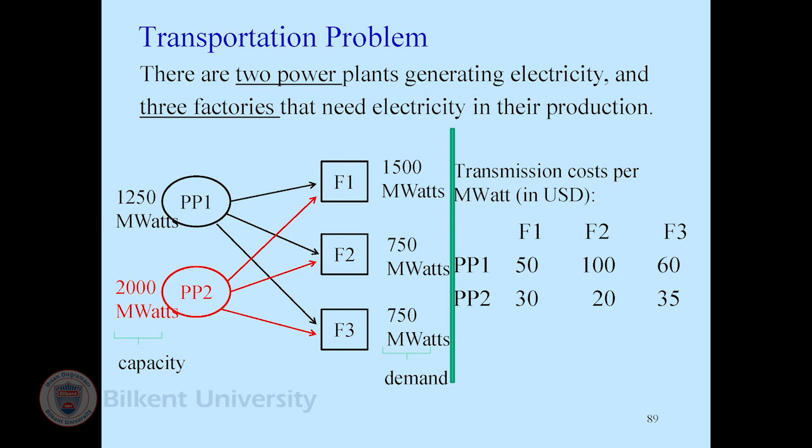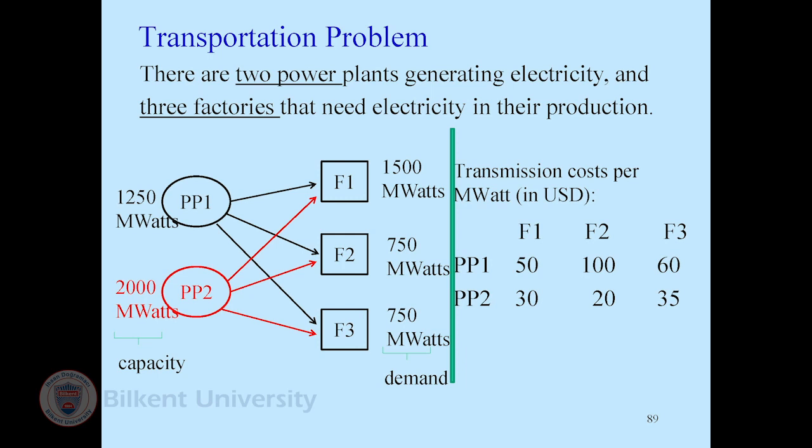Of course, there's a cost for us to transmit the electricity from one place to another, right? So in this example, we have our supplies and demands, and we need to get the least costly transportation option. The numbers here are given like that.